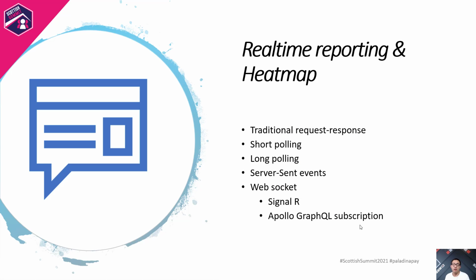So once we've done the streaming and analytics, we can think about how we're going to run queries and get some reports out from it. So when we build a web app to show the charts and do the reports, of course, the traditional way, the old school way of doing it is the request-response model via HTTP, either via short polling or long polling.